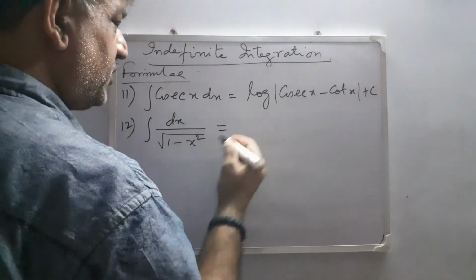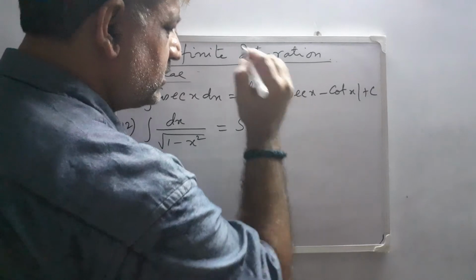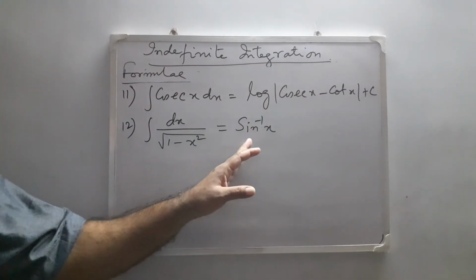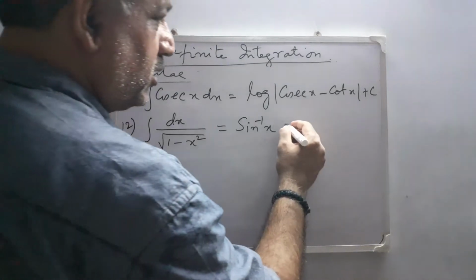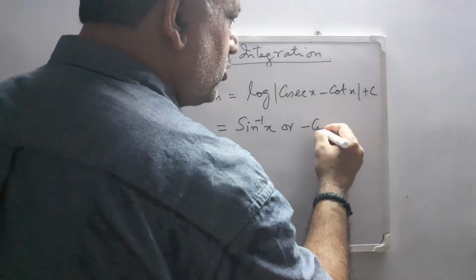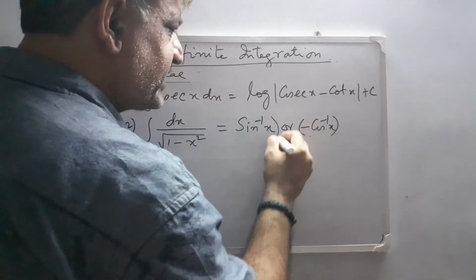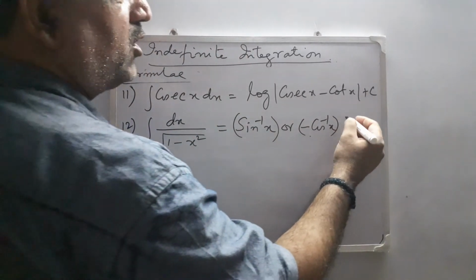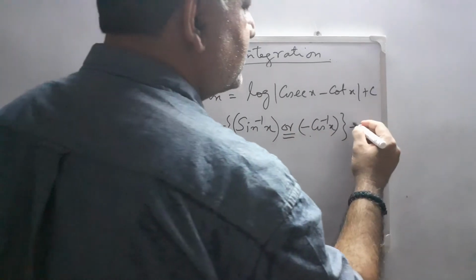Now you know the differentiation of sine inverse x is 1 by root over 1 minus x square, or minus cos inverse x. Either you can write sine inverse x or minus cos inverse x. Anyone you can write, plus c.